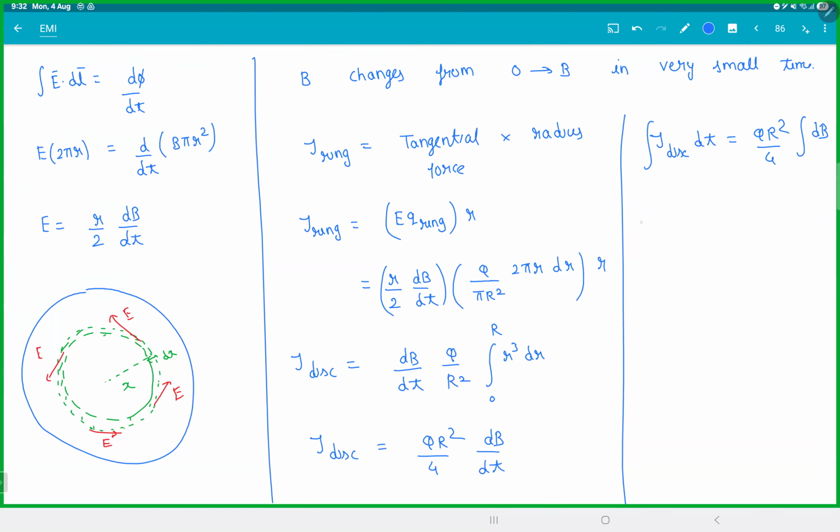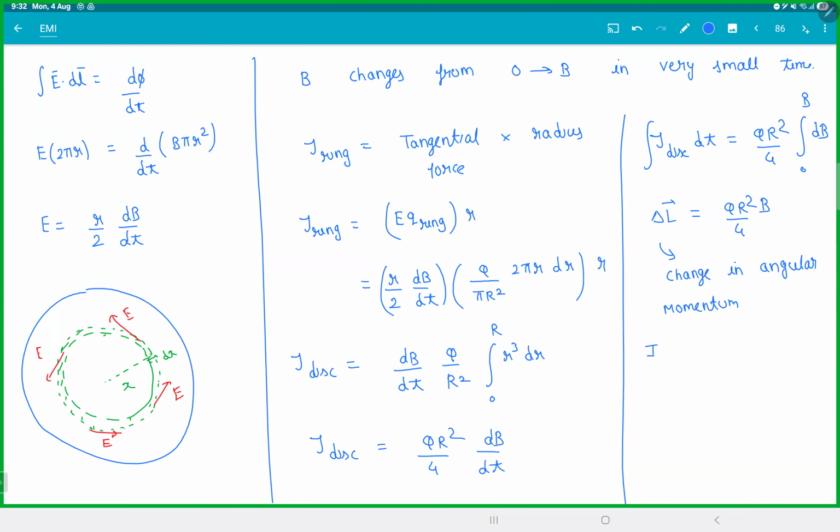Torque dt is nothing but change in angular momentum. Now you're integrating with time. And this will be Q r square by 4, going from 0 to B. So the first integral is with respect to position, second integral is with respect to time. So when you're integrating with position, time won't matter.